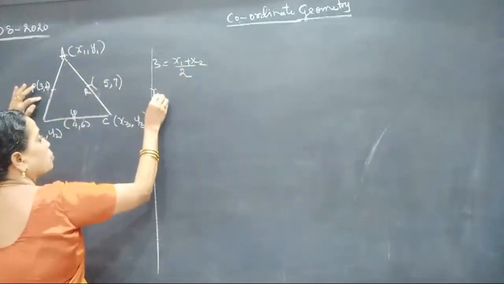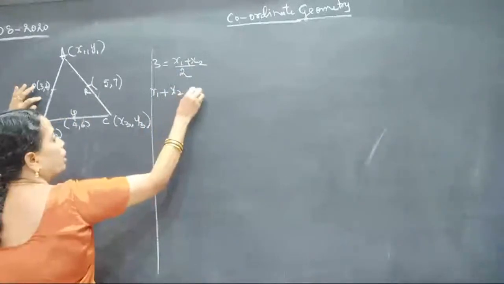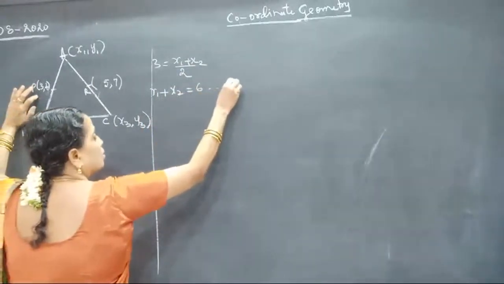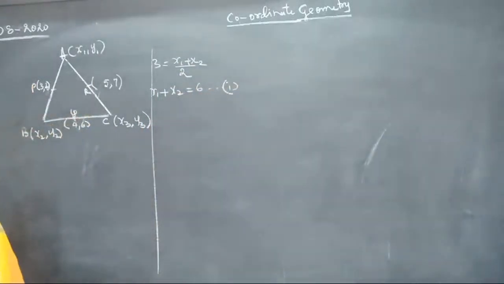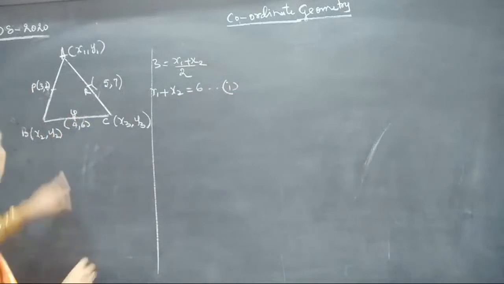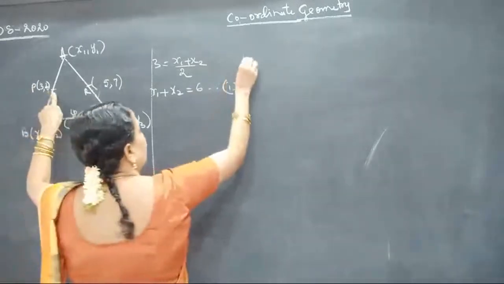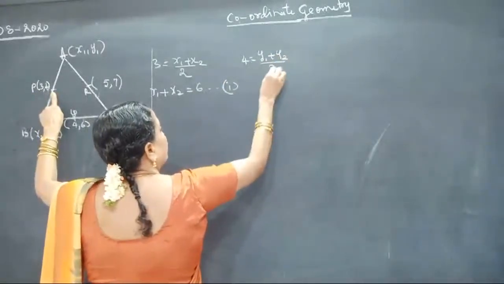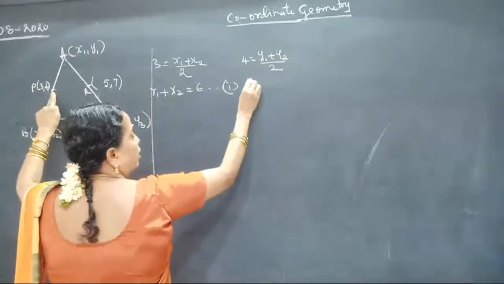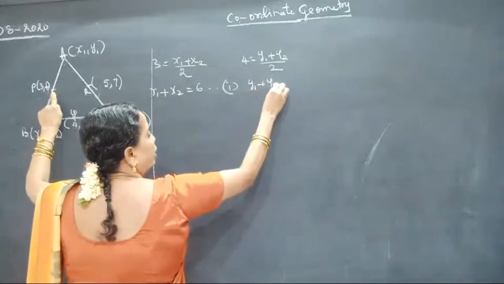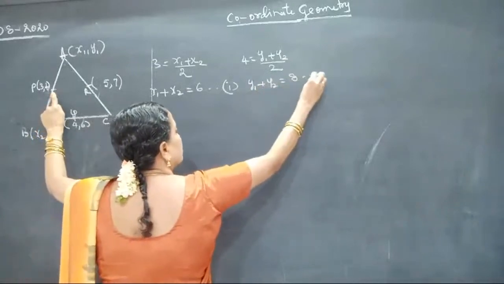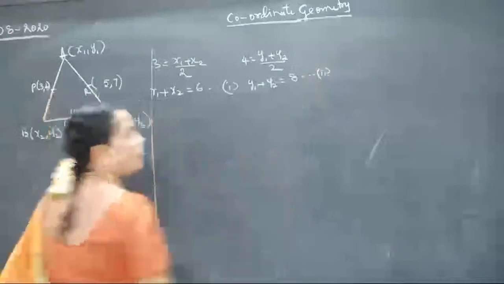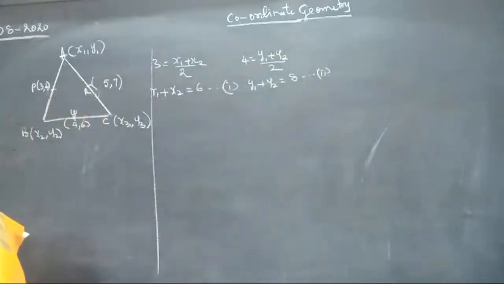Therefore, x1 plus x2 equals 6. Is it clear? Similarly, we get 4 equals (y1 plus y2) by 2. So y1 plus y2 equals 8. This is for side AB.